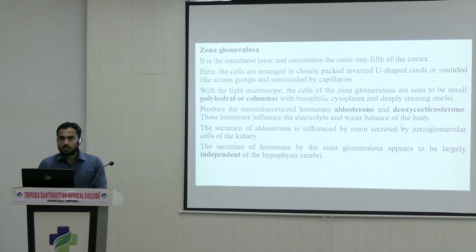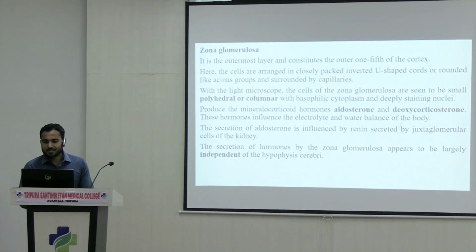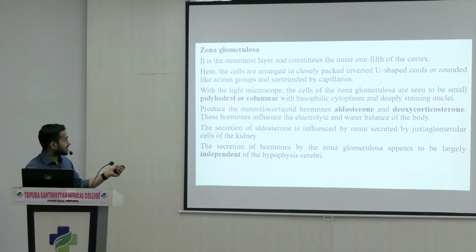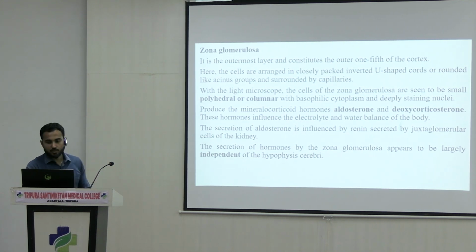Under the light microscope, the cells of the zona glomerulosa are seen to be small, polyhedral or columnar, with basophilic cytoplasm and deeply staining nuclei.